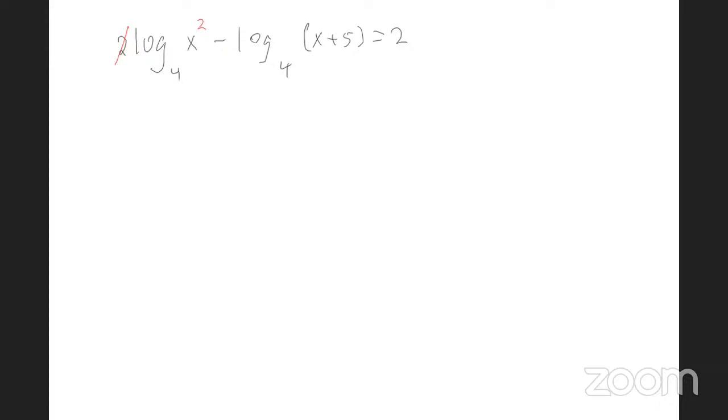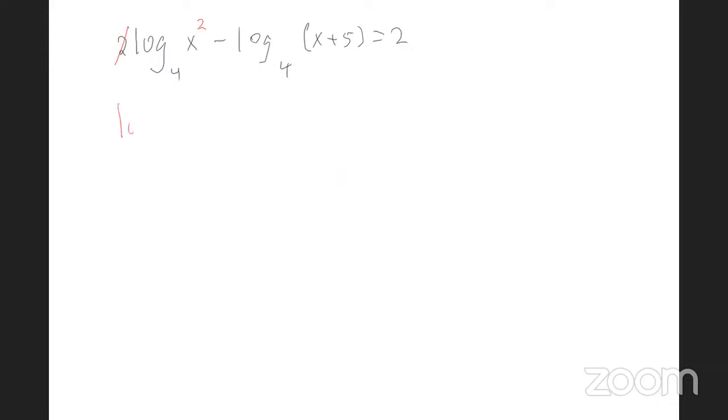I gotta check the values, right? One thing though, and I forgot to mention it. When you get to x values, you have to put the x values back here. And if it's negative, for example if you got -2 and you put -2 there, you can't find log of a negative value. So you gotta be careful when you're working them out.